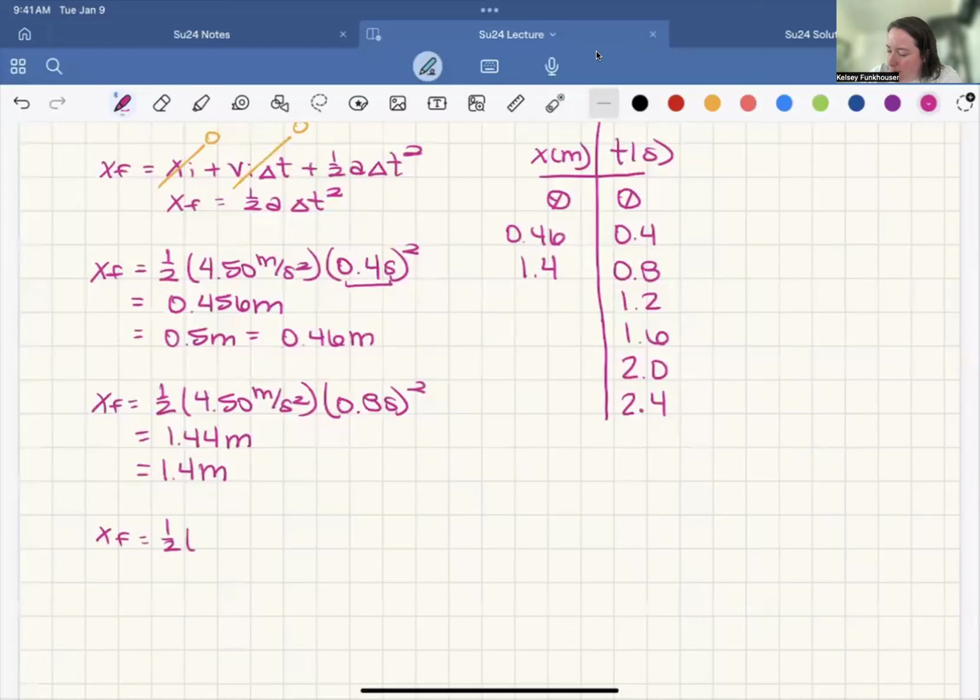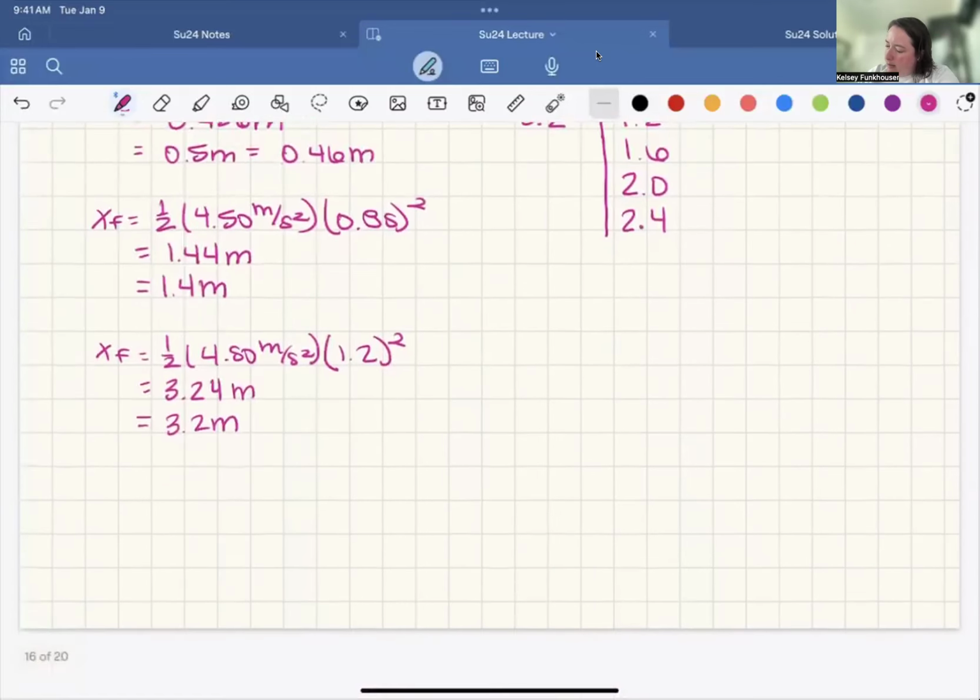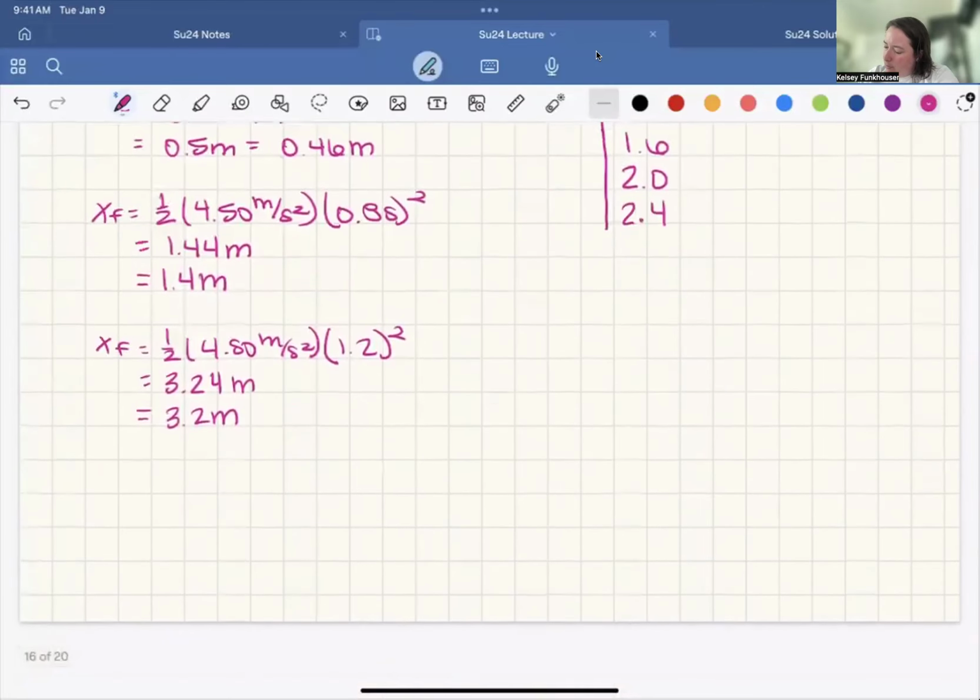Okay, let's see. 1/2, 4.50 meters per second squared times 1.2 squared. This one is 3.24 meters, or we'll say 3.2 meters. Okay, 3 more.